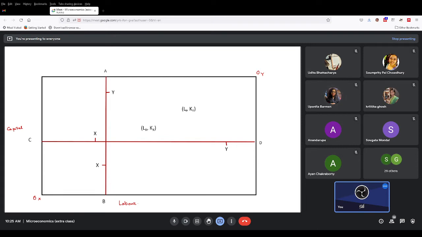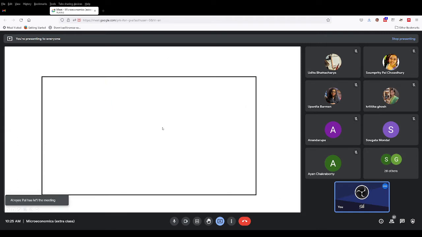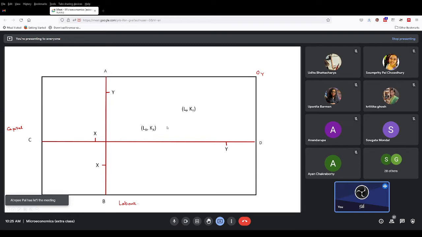This is the amount of unutilized capital and this is the amount of unutilized labor. So all these allocations involve some unutilized resources, either labor, or capital, or in the last case, both labor and capital are unutilized. So they cannot be Pareto optimal. Agreed?